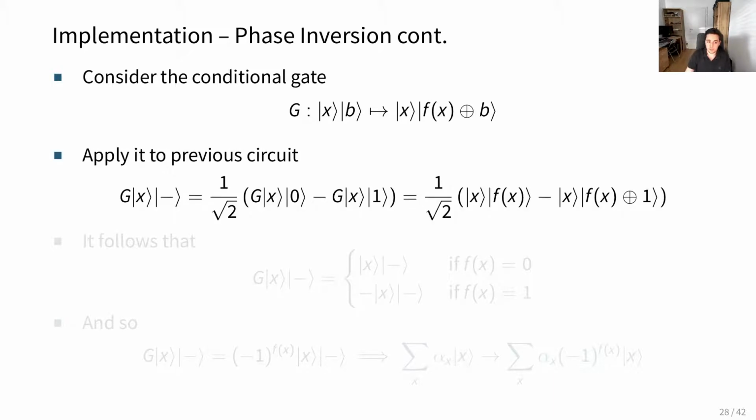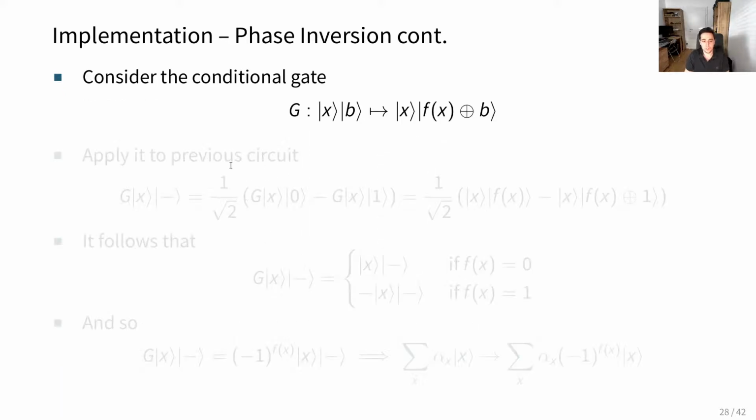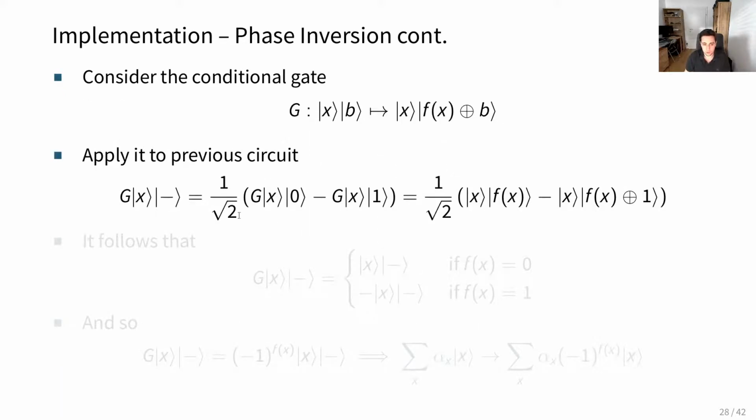Okay, if we apply that to the previous circuit, in the previous circuit we have the input x and this minus bit, this is exactly this here. We compute first the Hadamard transform of this minus bit, so this is basically already done here, and if we substitute the values here, this is the same as 1 over square root 2 times the input and f of x, because if we know that this evaluates to 0, then we know that b will be 0 and we don't need to add this here, so no x or b, just nothing, it's 0.